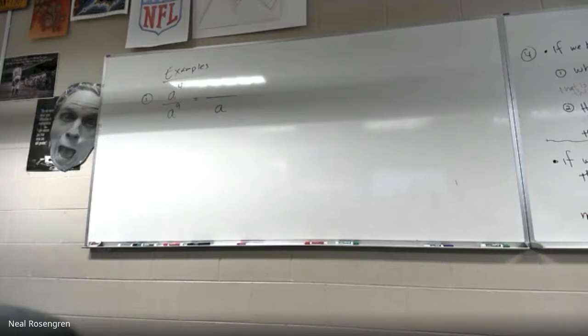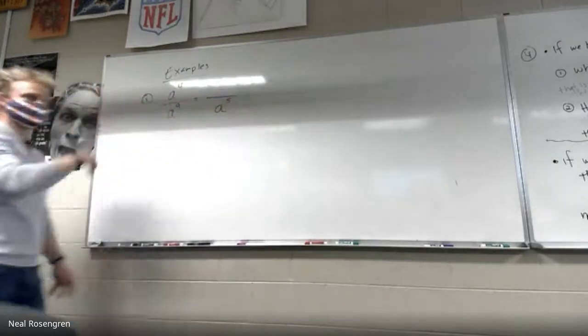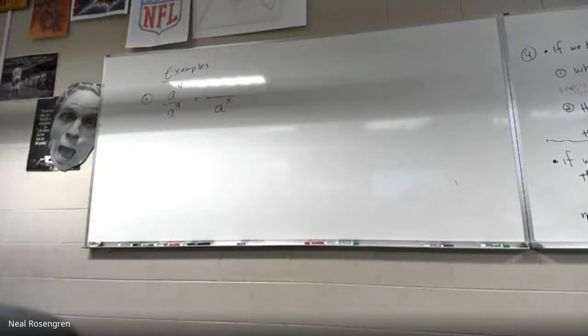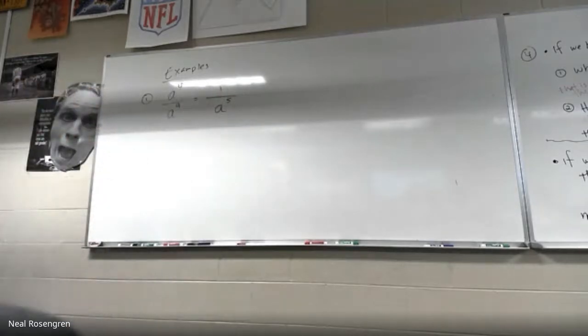How many A's do we have? How many more? 5 of them, right? Because you had 4 up here, you had 9 down here. I had 5 more on the bottom than I did up top. What do we leave behind on top? Because there's nothing there yet. You can't put an A there because the whole point was to have just 1 A in the whole problem. You're absolutely right. There's got to be a 1 up here. But where is that 1 coming from?